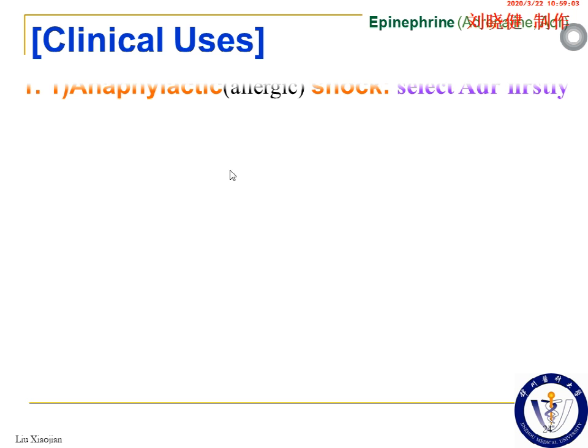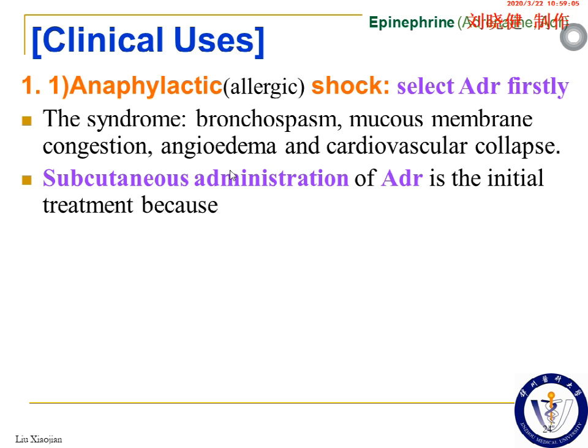Now, the first condition is to use epinephrine to treat anaphylactic shock. It is also called allergic shock. In the treatment of allergic shock, this drug is the most important. So we should select adrenaline first.